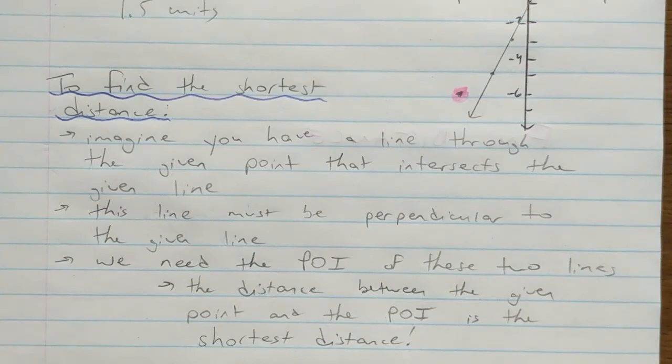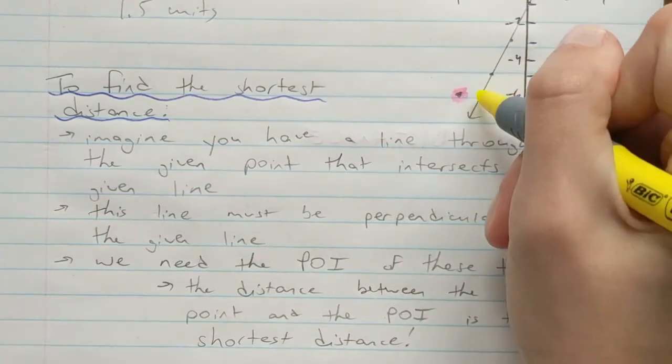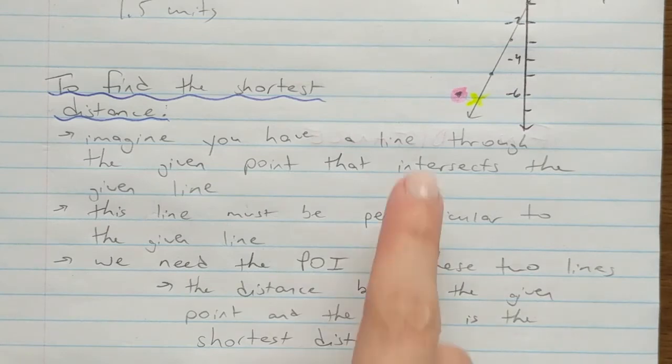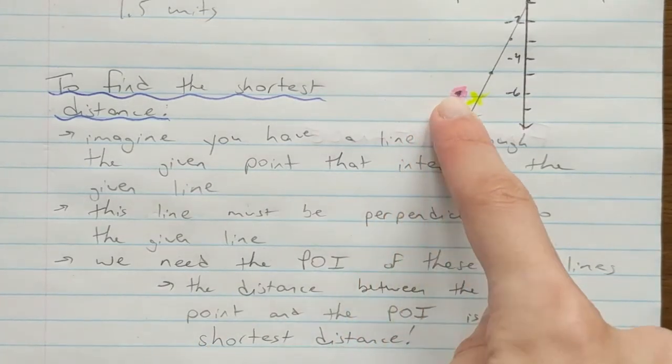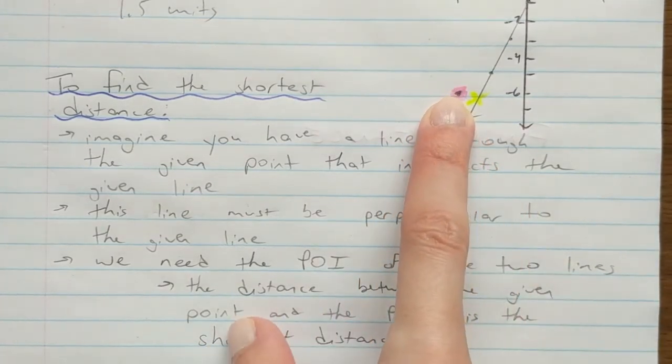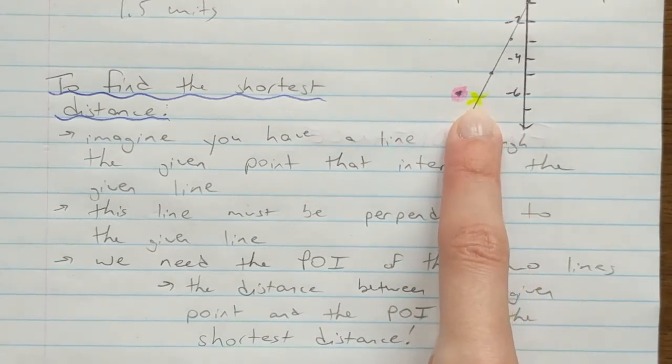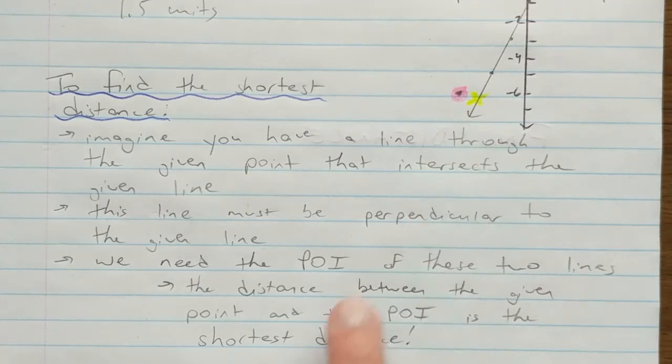Let me just mark that off with an X. It's going to be somewhere here. The distance between the given point, my pink point, and my point of intersection, which is going to be around where that yellow X is, will be my shortest distance. And that's why it's important you understand the distance formula here.